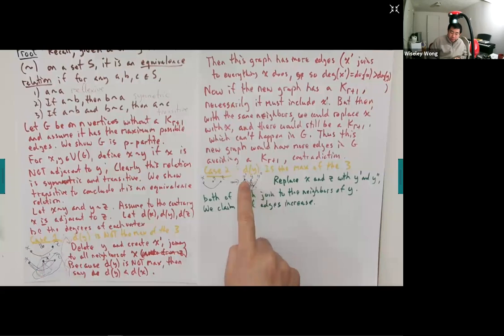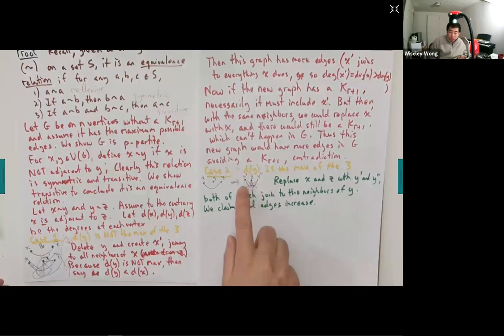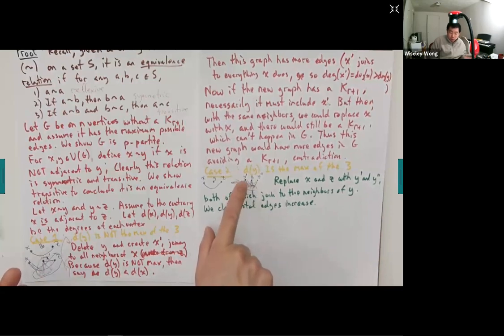But you can now picture again, remember that y prime and y double prime, right? There are no edges among these three vertices. So in this new graph, the number of edges increased. And if somehow a clique of size r plus 1 formed, then by how this is constructed, you could have said, for example, that y prime was one of the vertices that helped form this clique of size r plus 1.